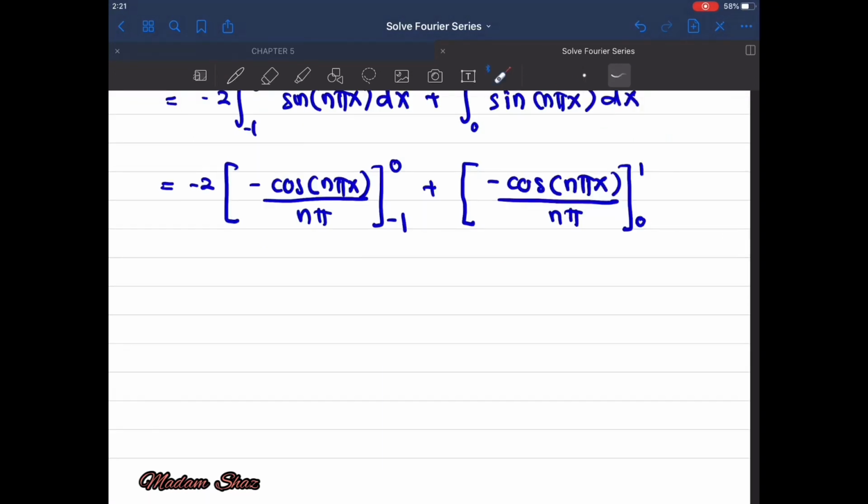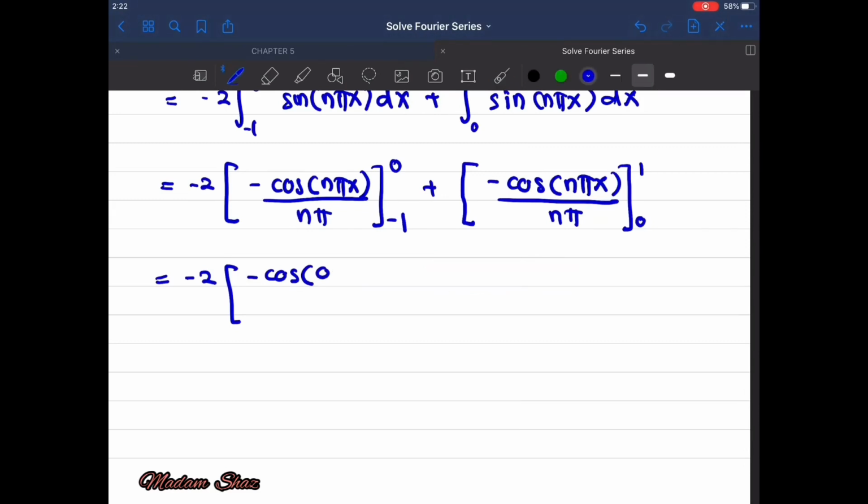So now substitute the limit 0 to the position of x. So this one will become -2 negative cos n pi x. Substitute 0, and pi multiply 0 will become 0.